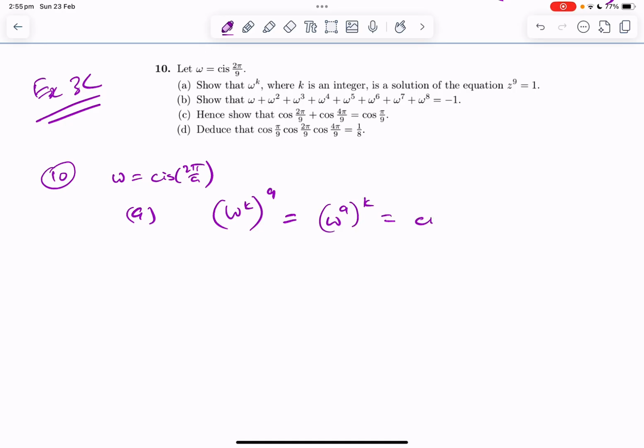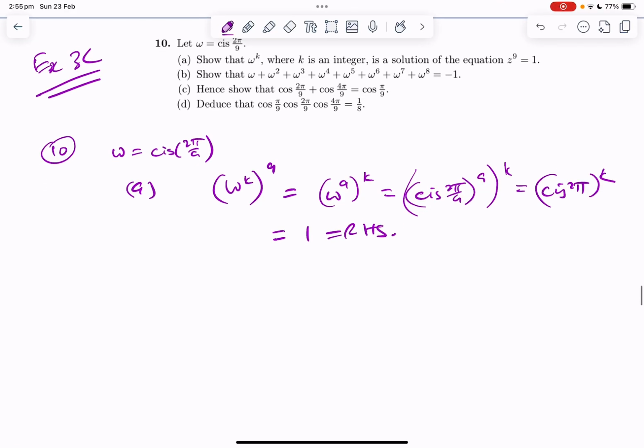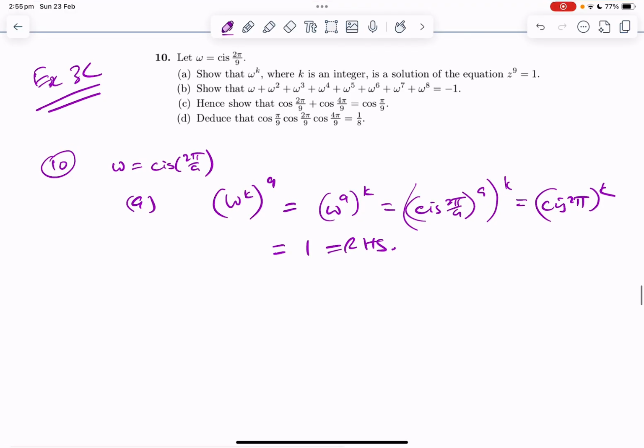Omega is the cis of 2 pi on 9, which when you raise that to the 9th, you're going to get the cis of 2 pi, which is 1, which equals the right-hand side you're after. So clearly it does solve that. What that's saying is the cis of 2 pi on 9 solves this equation, but so does the cis of 4 pi on 9, 6 pi on 9, 8 pi on 9.